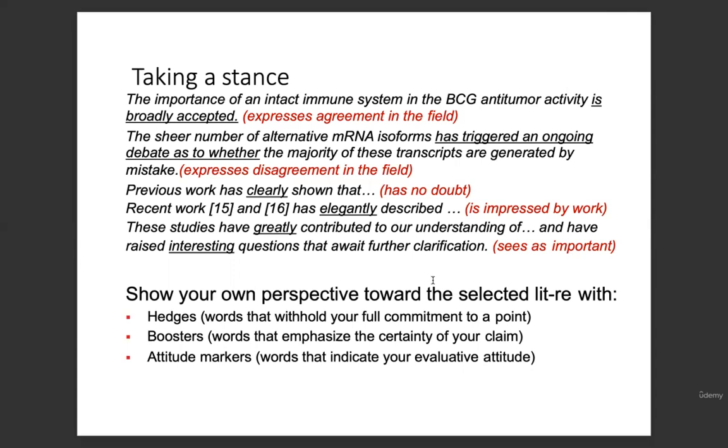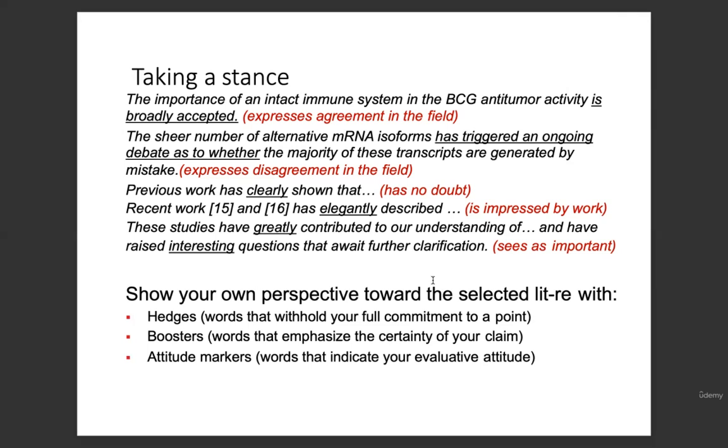And as I told you before, using hedge words is very important while writing an academic paper. For example, hedge means you use words that are not really clear cut. These are the words that will hold back your full commitment to a point. You can use some boosters to emphasize the certainty of your claim.